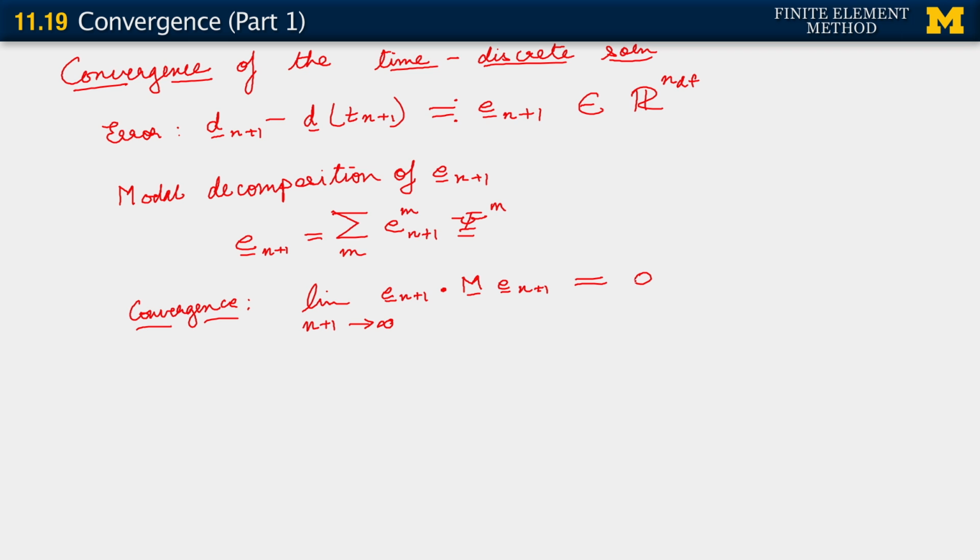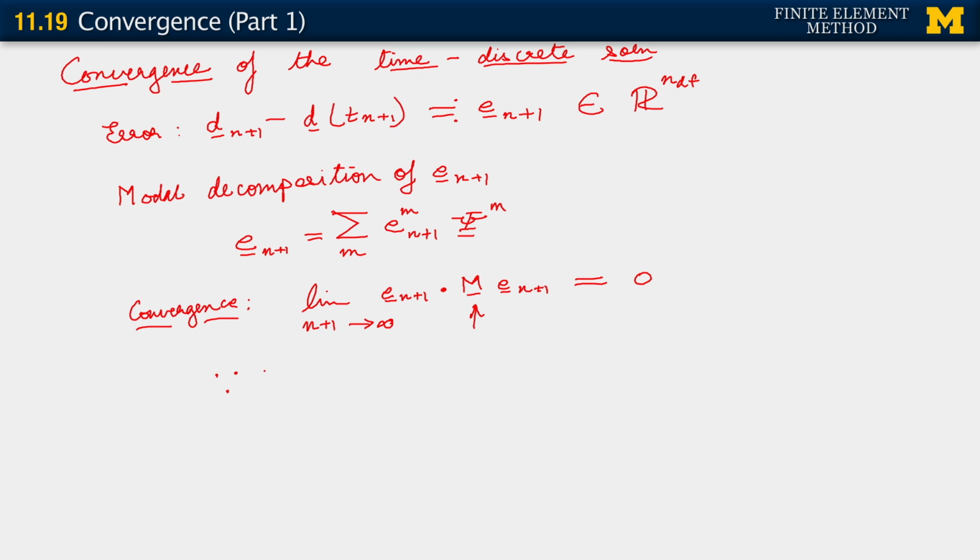Can you think why it is okay to put M inside there? Normally one would say that the error has to vanish, but why is it okay to put M in there? It's because M is positive definite. So let me state this here.